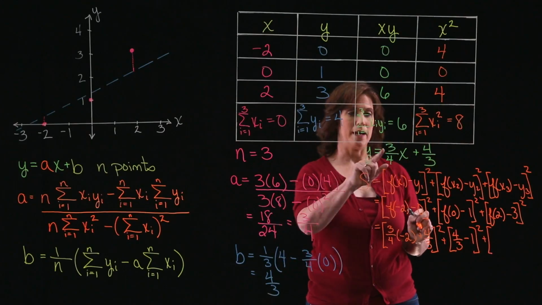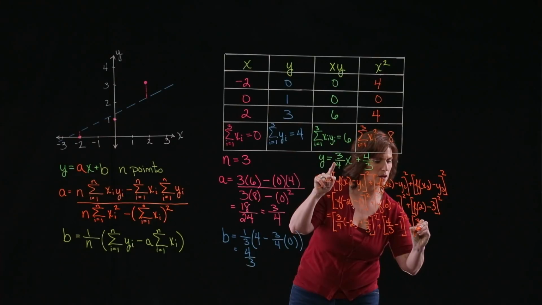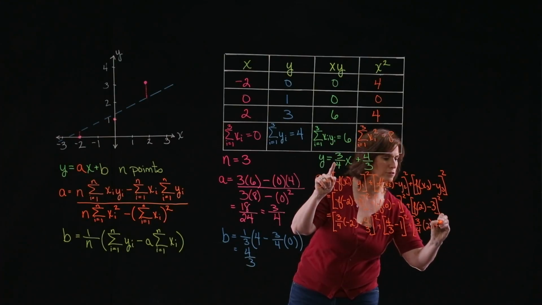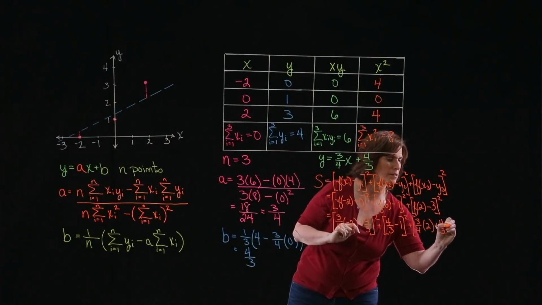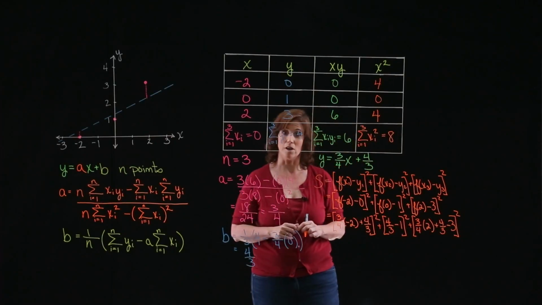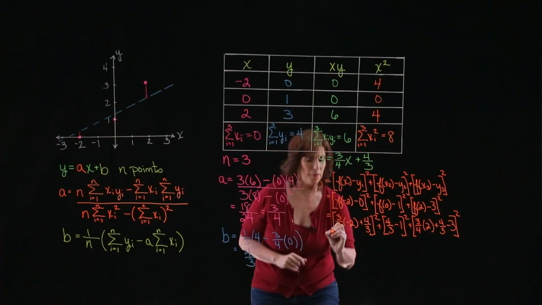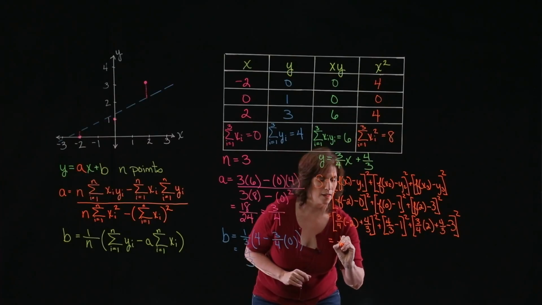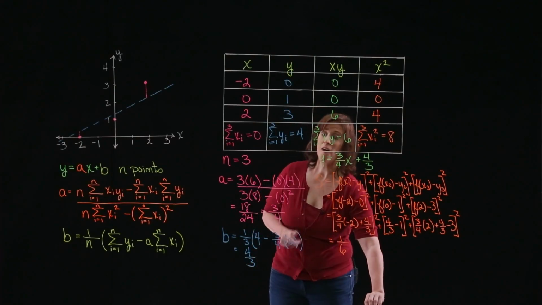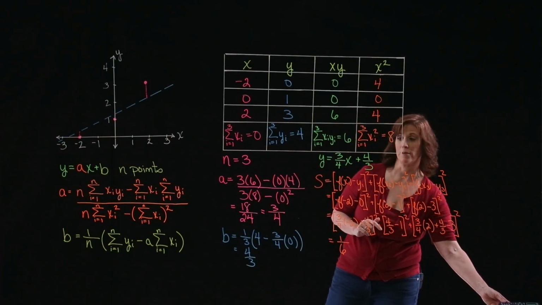I'm going to plug 2 into my function, so that's 3/4 times 2 plus 4/3, and then I'm going to subtract 3 and square my result. At this point, we have a lot of arithmetic to do, but the result is 1/6.